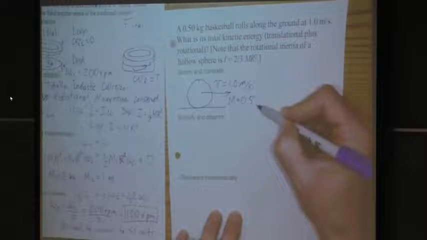There's the ground. Here's the basketball. It's moving along at v equal to 1.0 meters per second. It has a mass of 0.5 kilograms. It's rotating, so we're going to assume that it's rolling without skidding.